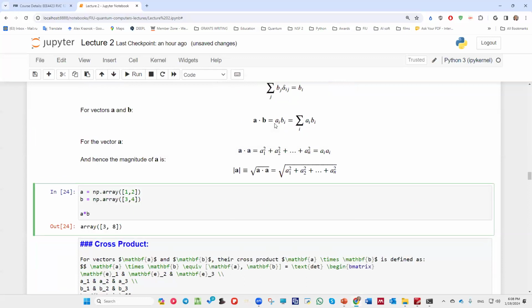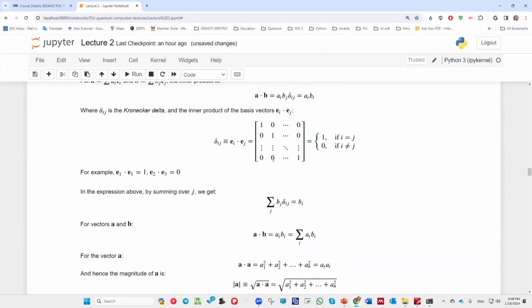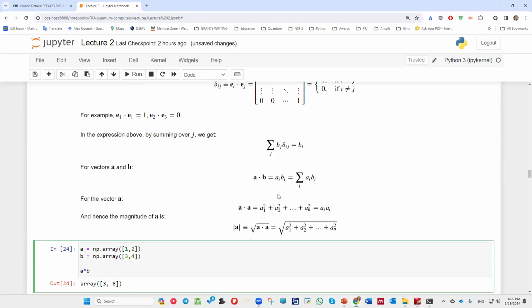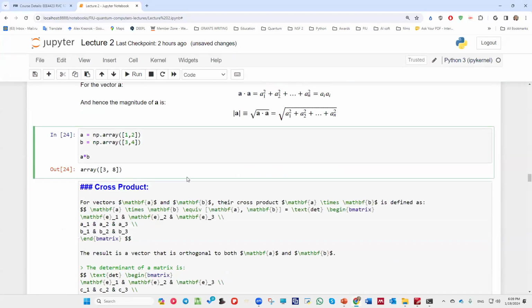Anyways, the dot product is very important for quantum. And as we will see, this dot product will allow us to calculate the probabilities in any quantum experiment or quantum calculation. So the dot product is important.